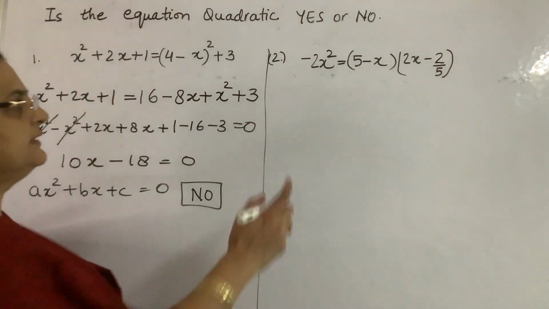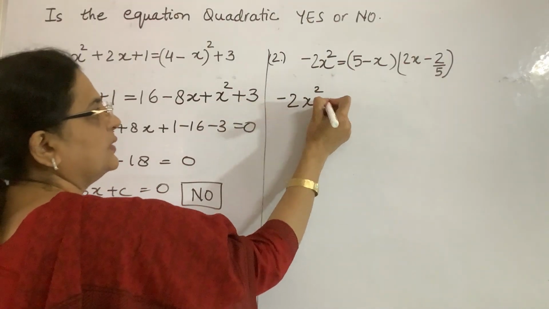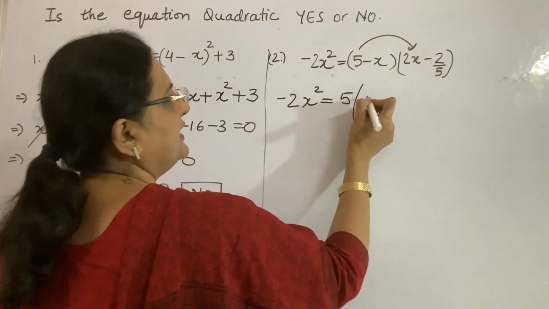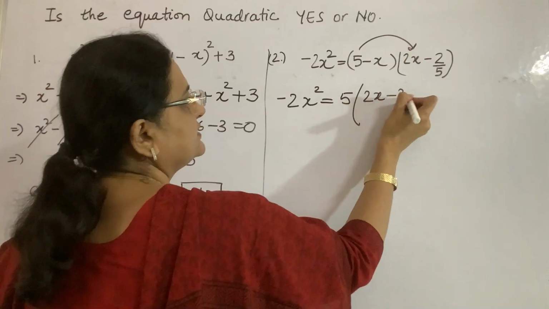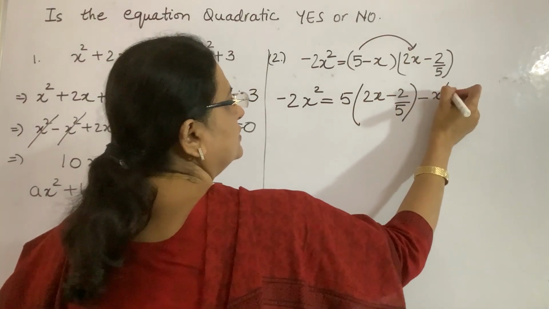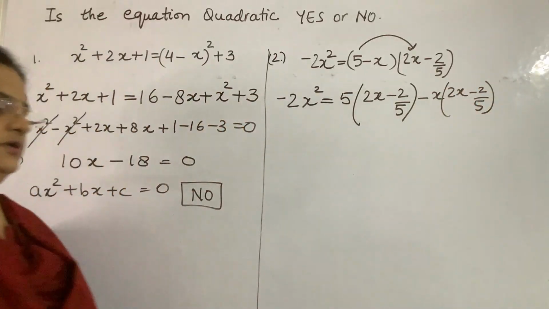The next question says this. So simplify, minus 2x square, open the bracket. So first distribute this with 5. So you are left with 2x minus 2 upon 5 minus x, 2x minus 2 upon 5.